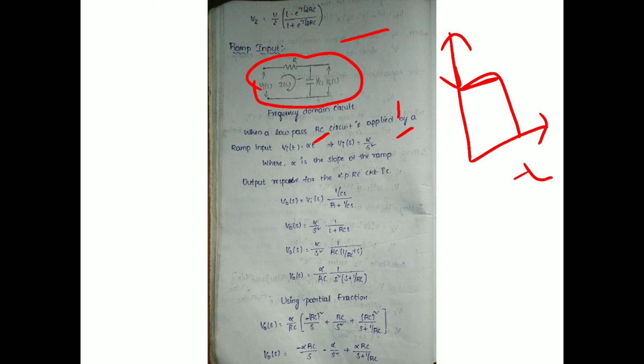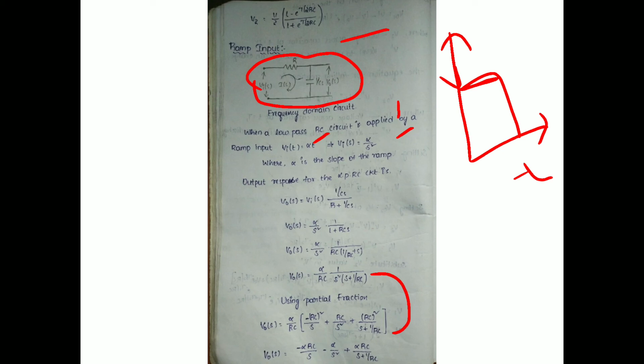By using partial fractions, the above expression can be written with terms of minus RC square by s, plus RC by s square, plus RC square by s plus 1 by RC.